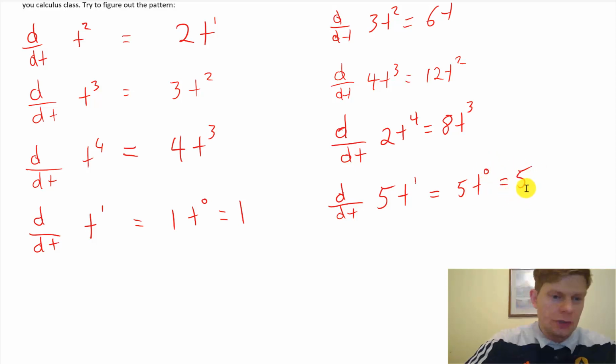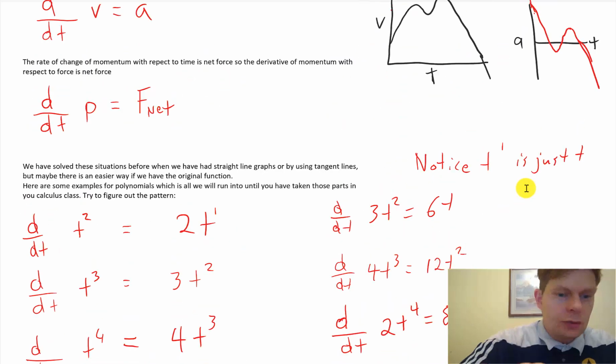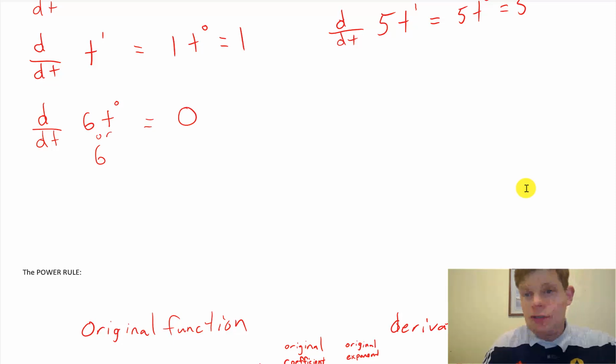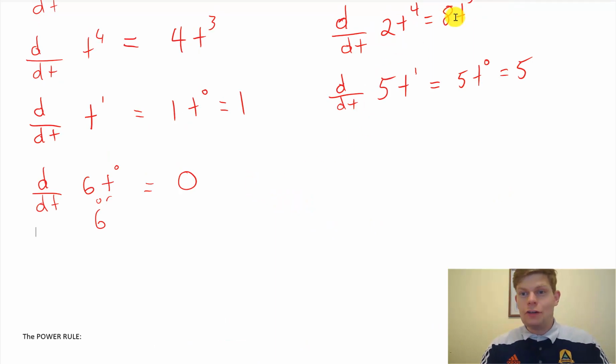One thing I forgot to write down, which I'll do just now, if I take the derivative of something, let's say 6t to the 0, which again is just a fancy way of writing 6, that is just 0. So any derivative of a constant term is going to be 0, which maybe you can figure out by the rule. Anyway, see if you can figure it out. Good luck.